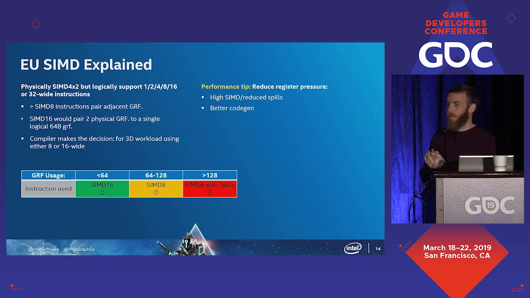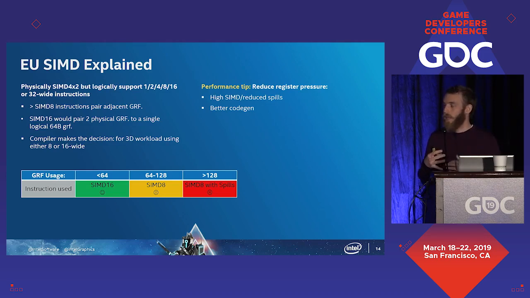Well, the reason behind it is that when we run in those higher SIMD modes, we need to pair adjacent GRF together in order to store the local data. So, for instance, if you want to run in SIMD 16, you would need to pair 2 GRF together into a single 64-byte GRF.